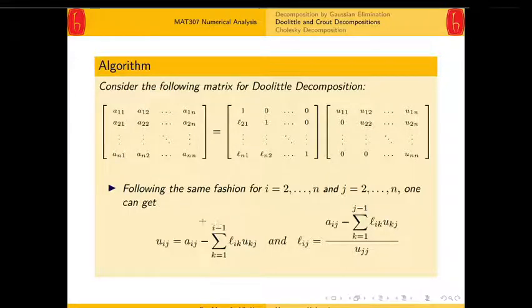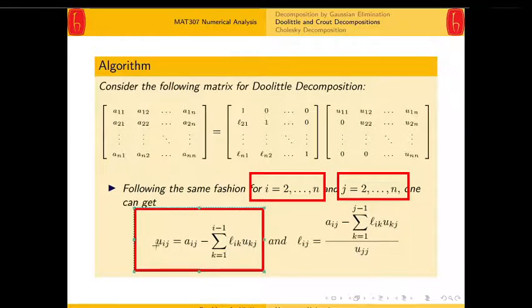Here the general formalization is: we can follow the same pattern for i from 2 to n, and then j from 2 to n. This will give us U_ij equal to A_ij minus the sum over k from 1 to i minus 1 of L_ik times U_kj.